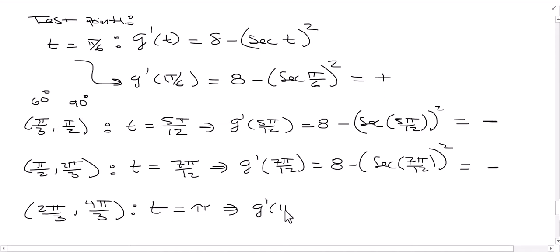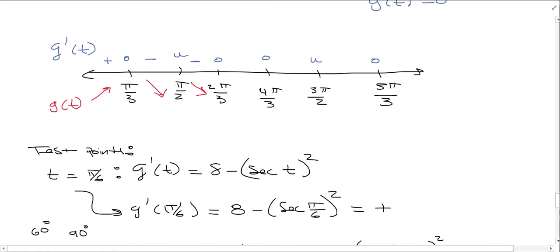So g prime of pi is going to be 8 minus secant of pi squared. And secant of pi is -1, so this is now going to be 8 minus 1, right? -1 squared is 1, so you're going to come back to a positive. So the derivative here is going to be positive, which means that the function is increasing.